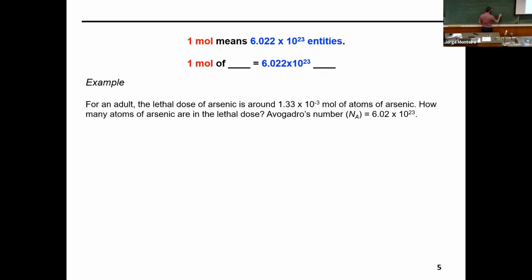Mole on top and at the bottom, you can cancel. Therefore, here 6.02 times 1.33, that's going to be 8.01.